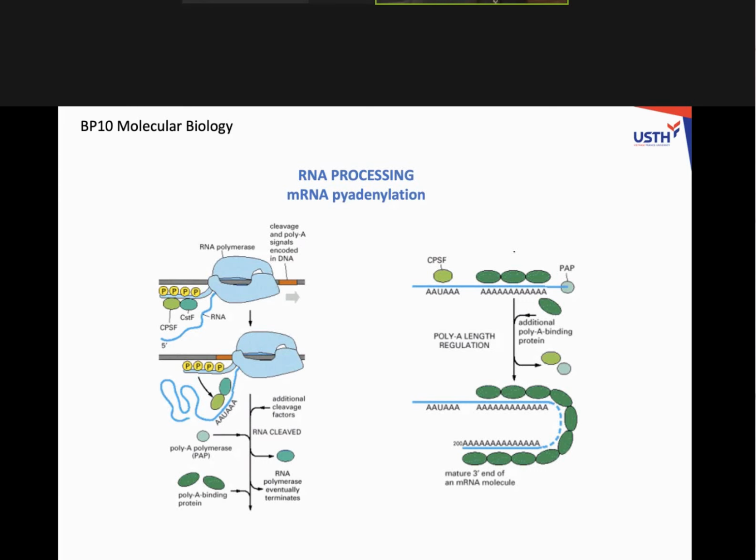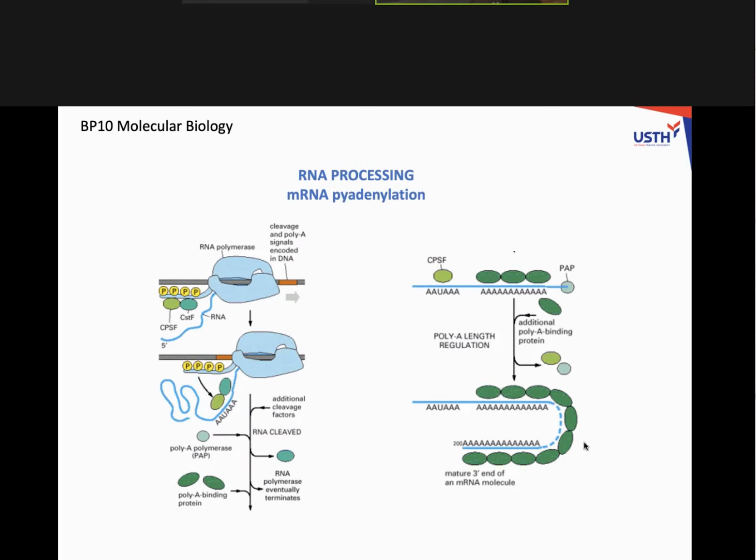Because we won't talk about translation in BP10, but during translation by the ribosomes, every cycle of translation causes a shortening of the poly-A tail. So basically, you can say that the size of the poly-A tail will be more or less proportional to the number of cycles of translation.